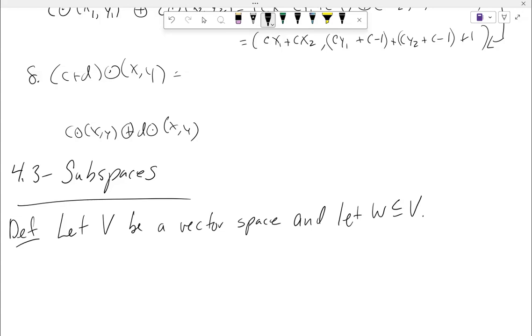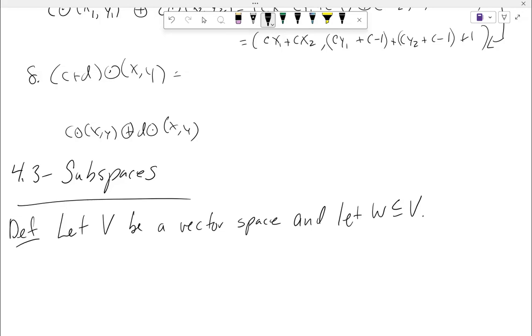You know from discrete math that the empty set is a subset of everything. So technically, when I write that, W could be empty, but when we're talking about things that are vector spaces, they can't be empty.